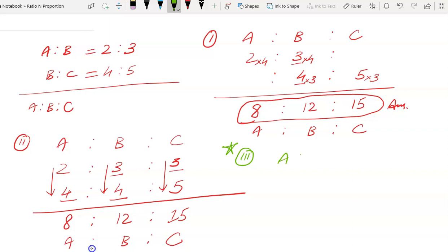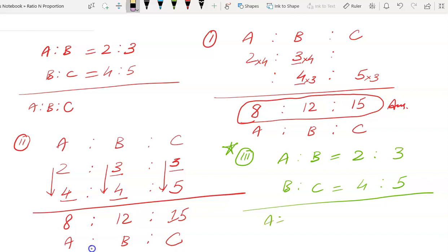Now we have A is to B is equal to 2:3. B is to C is equal to 4:5. And we need to find A is to B is to C. So what we will do, we'll multiply this. 2 into 4, 8.